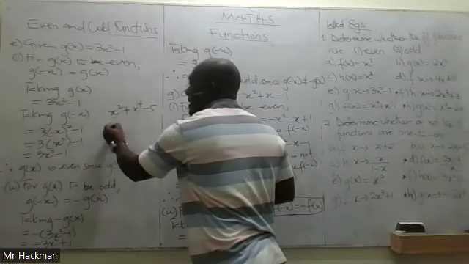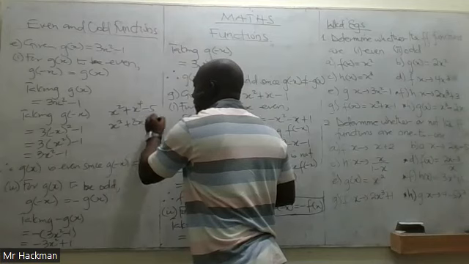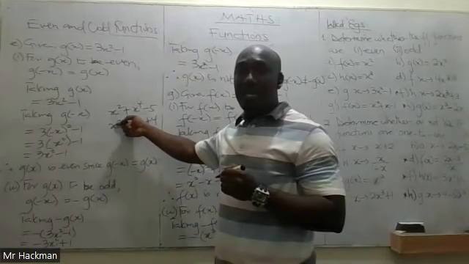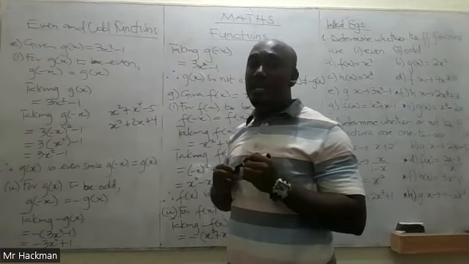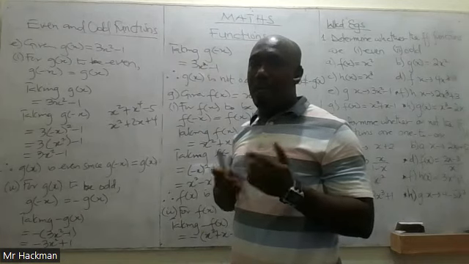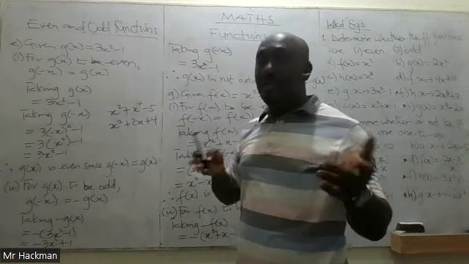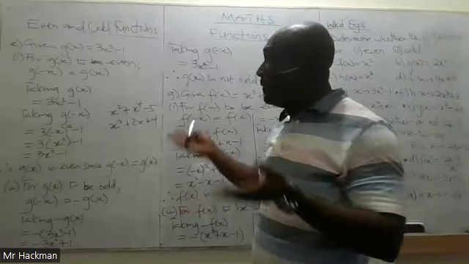If I have x cubed, then maybe plus 2x, then maybe plus 4, because the powers of my variable terms here are odd, it is more likely to be odd. My point well made. However, if it becomes a mixture of even and odd powers, then it is more likely not to be either of these two.